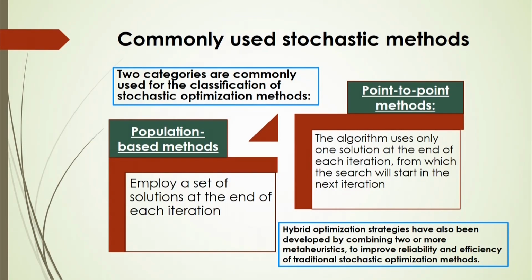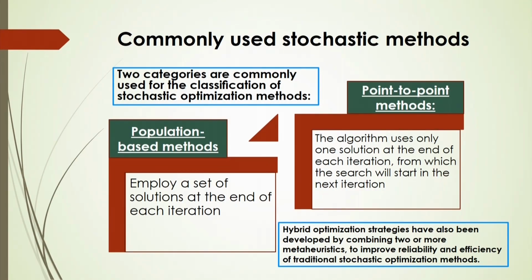Commonly used stochastic methods generally fall into two categories: population based methods and point to point methods. These two categories are commonly used for the classification of stochastic optimization methods. The first classification is called population based methods.